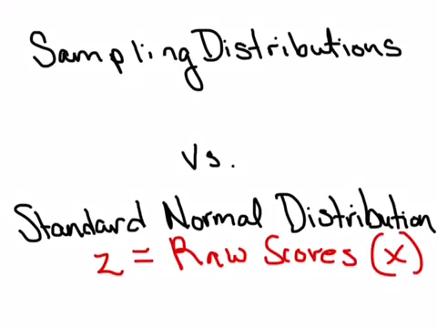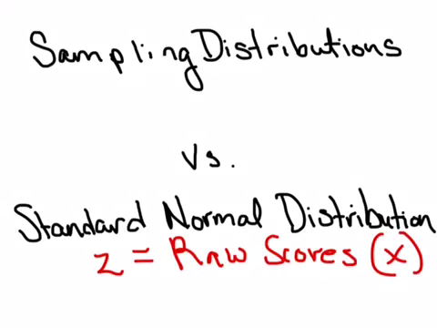And sampling distributions are used when we're dealing with inferential statistics and we're trying to get a sample to represent the larger population. Now, often we don't have large sample sizes and we don't have all of the population information.